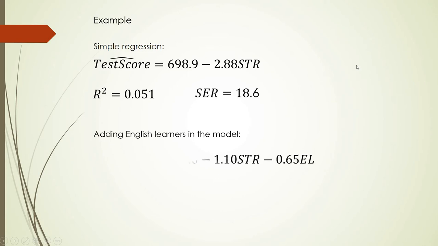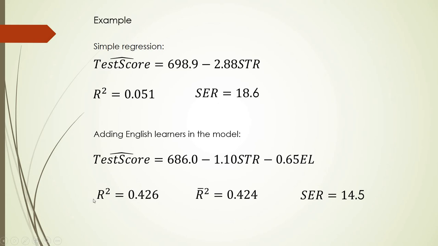So in our example of simple regression, we had R-square of 0.051. When we added English learners in the model, original R-square was 0.426, but corrected is a little bit lower, 0.424. And we can see that we have improved our model significantly because R-square is now much higher than R-square in the simple model, which is good.